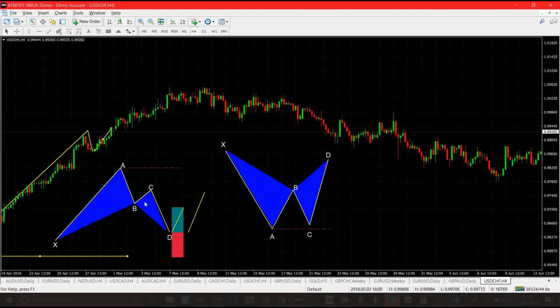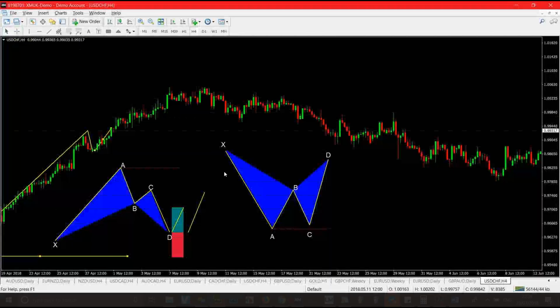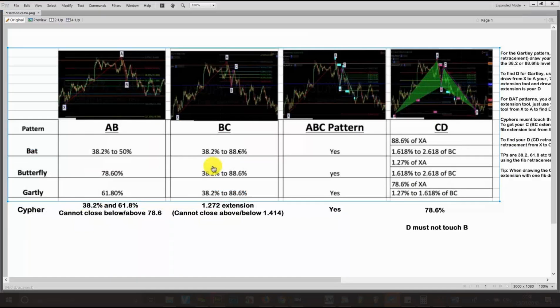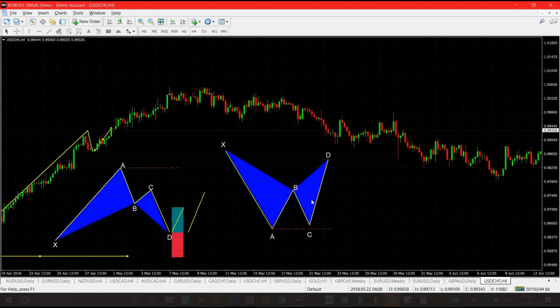Because this one we stopped at the 38, the other one we stopped at the 88. Remember, we're working with just in case the market goes as low as 88 instead of stopping at 38. This one stopped at the 38, but look at the way C got as low as the 88. That's why it's like that.